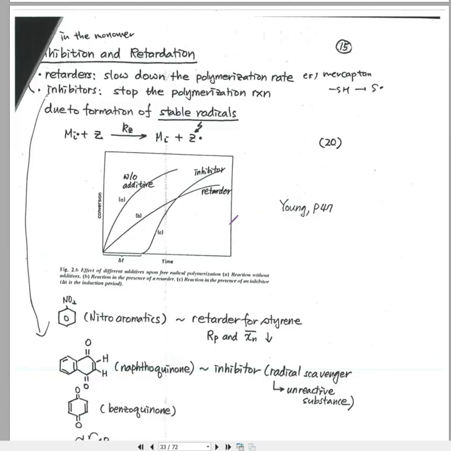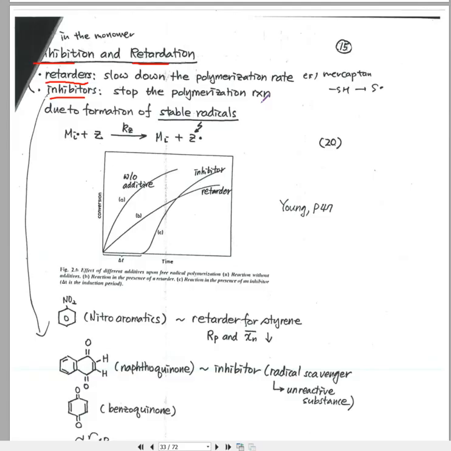Generally, if you buy monomer molecules from a commercial vendor, there is some material inside the monomer bottle, either an inhibitor or a retarder, which are chemical species that slow down or stop the reaction. Retarders slow down the polymerization rate, and inhibitors are used to stop the polymerization, basically stopping the free radical.